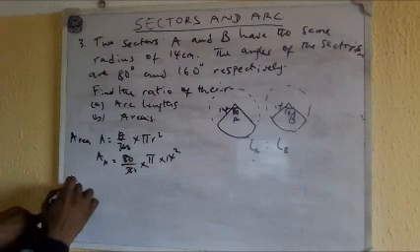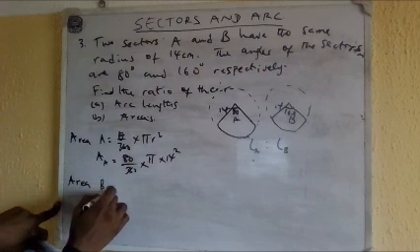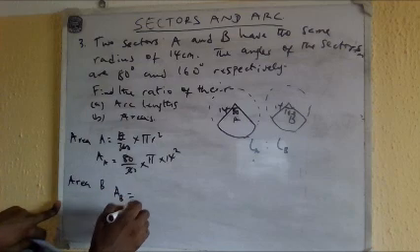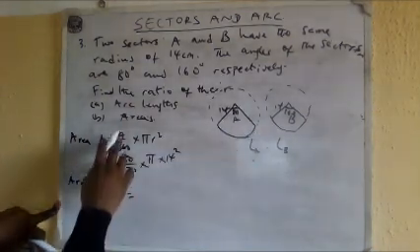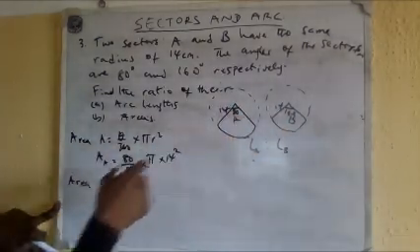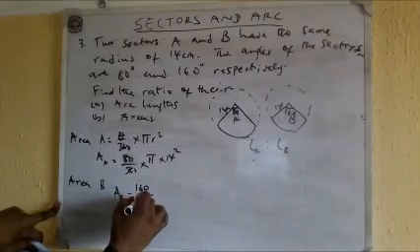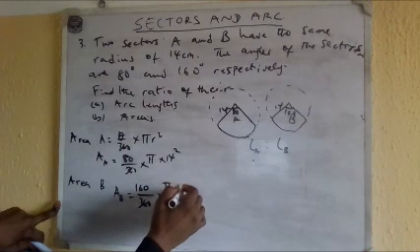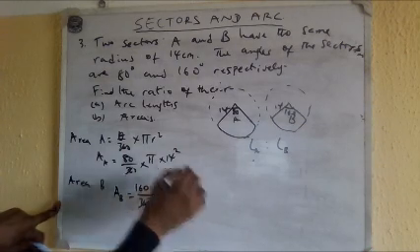Then area B: theta for sector B is 160 over 360 times pi times 14 squared again.